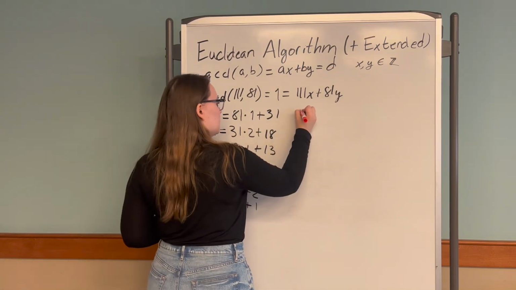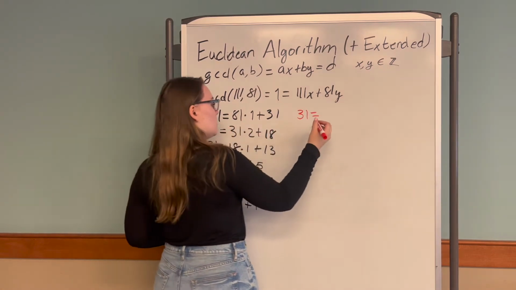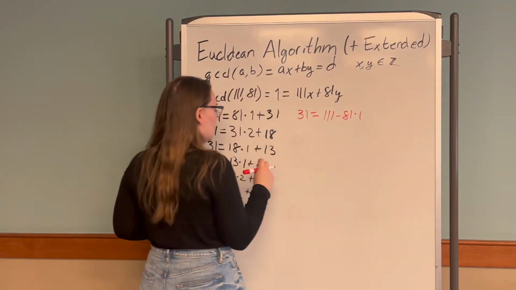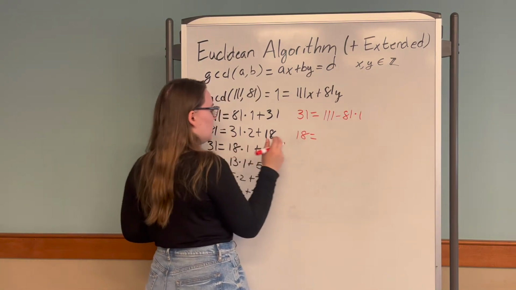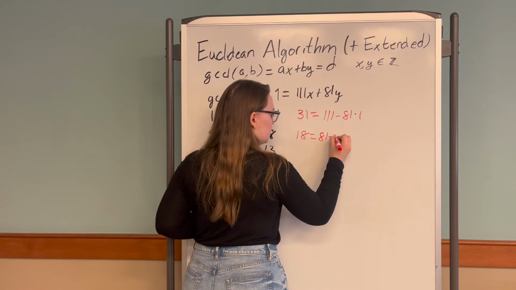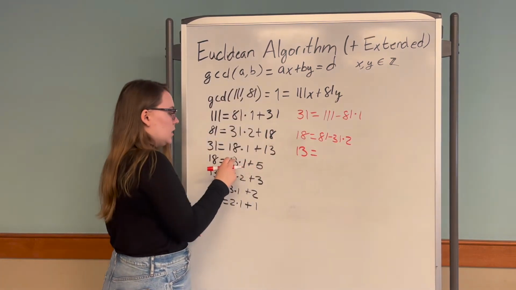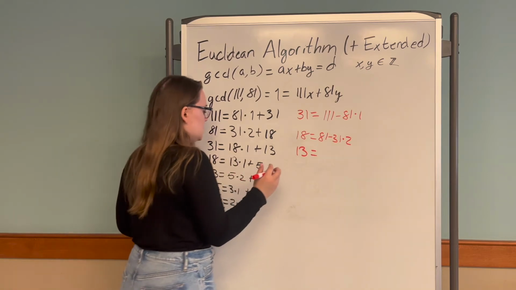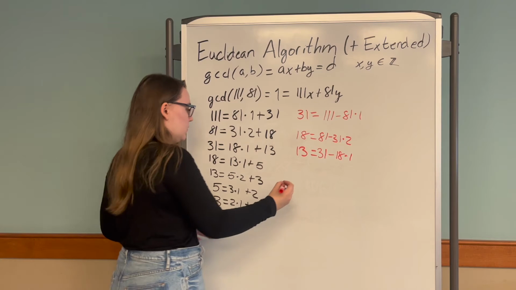So we're going to say 31 is equal to 111 minus 81 times 1. Then 18 is equal to 81 minus 31 times 2. Then 13 is equal to 31 minus 18 times 1. And then we're going to keep doing this for all of our equations.